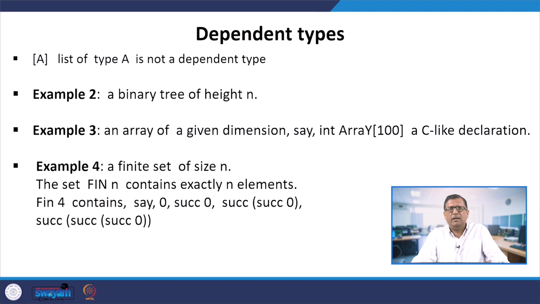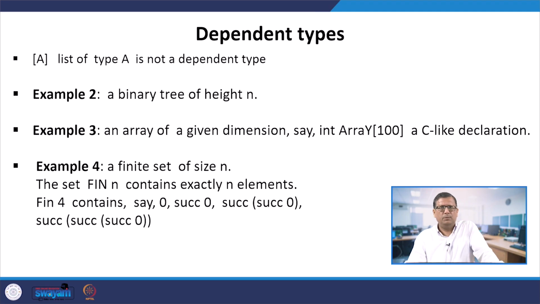It is saying an array of integers of size 100. We have declared that it is of size 100, so it is a dependent type. It is there in practice in some languages, but it is more commonly used in proofs, when we are trying to give proofs automatically; there this usage is important.